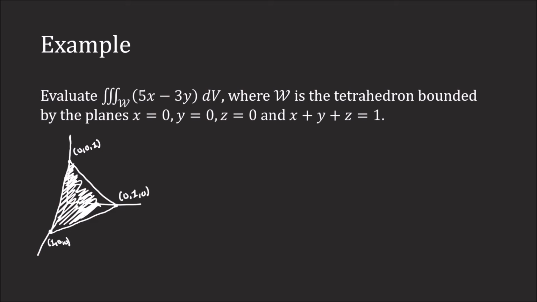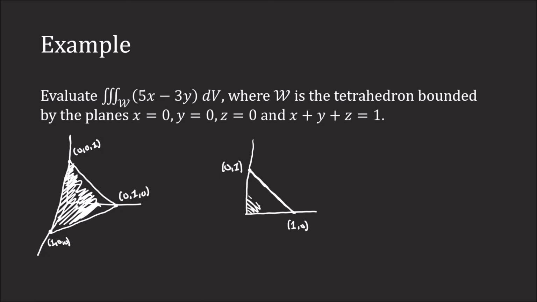Now we want to look for the projection on the xy plane. So we draw an xy plane. This would then be 1, 0. This here would be 0, 1. And it is just this triangle.